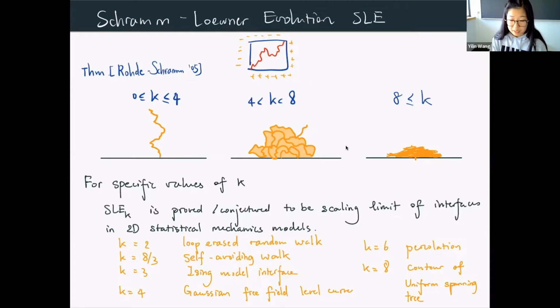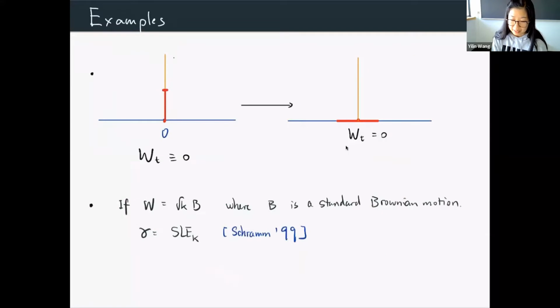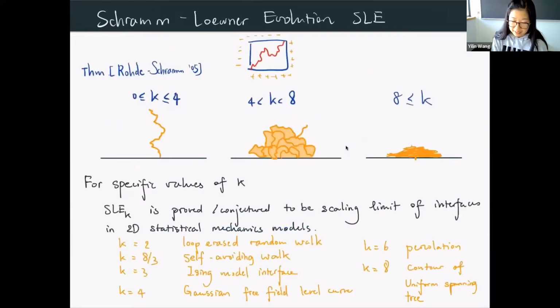And because Brownian motion itself has a lot of universality properties, like being the scaling limit of all kinds of simple random walk, after you plug that into the Loewner transform, it makes SLE kappa very universal.